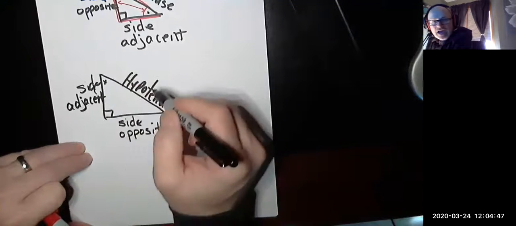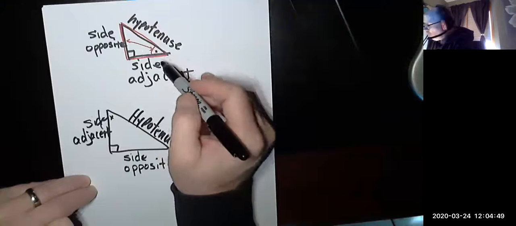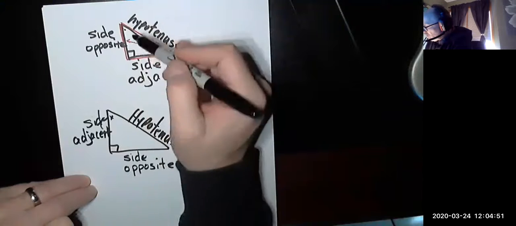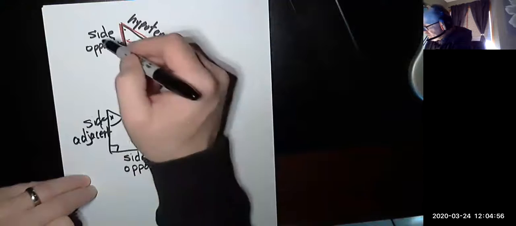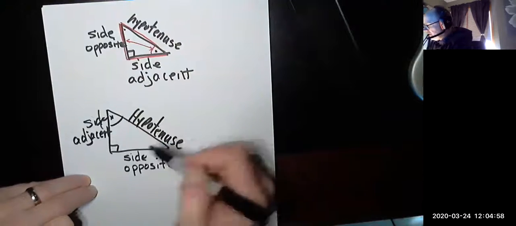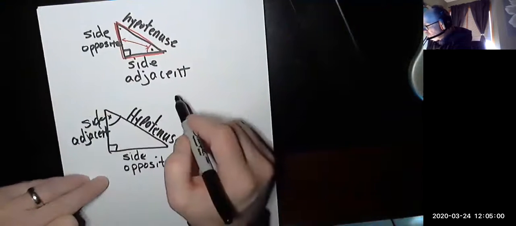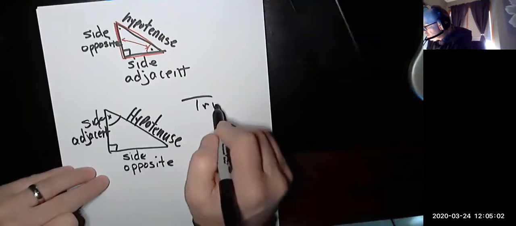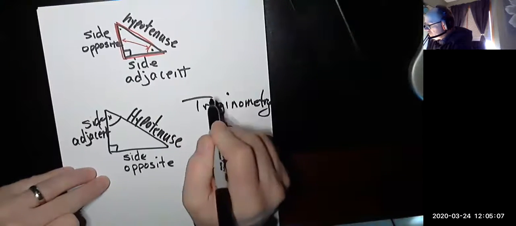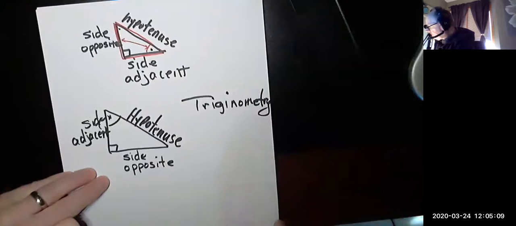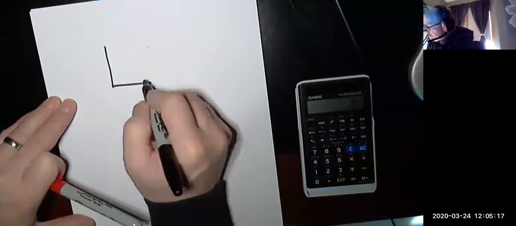So you can see how, depending on what corner or what angle we're talking about, it has a difference in the terminology. And that's important as we get more and more towards trigonometry.